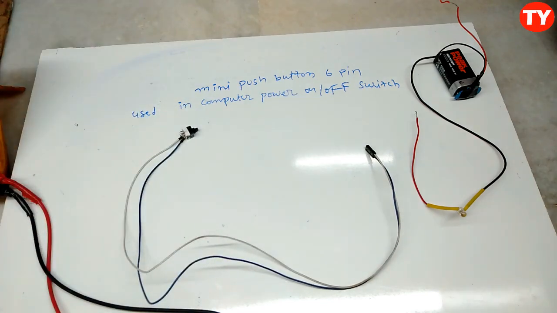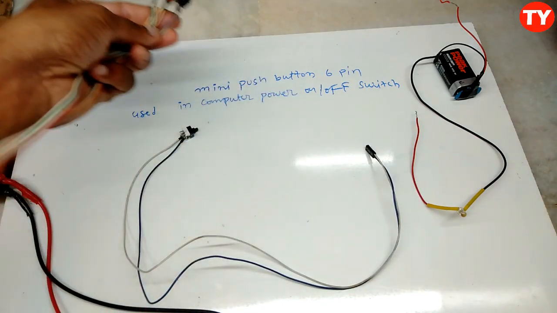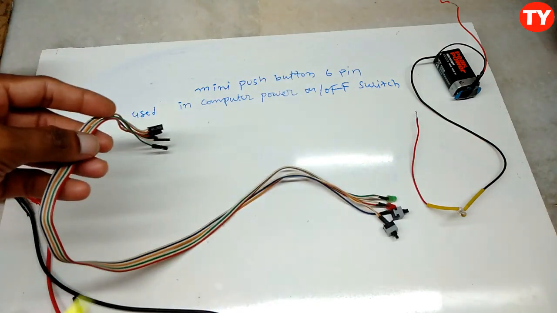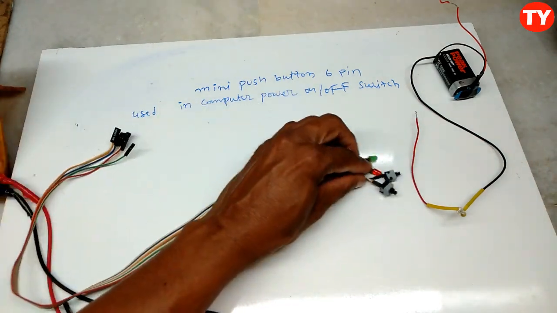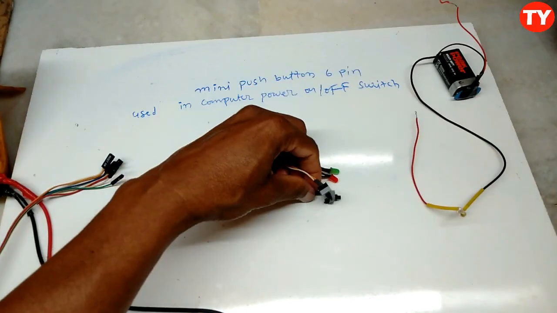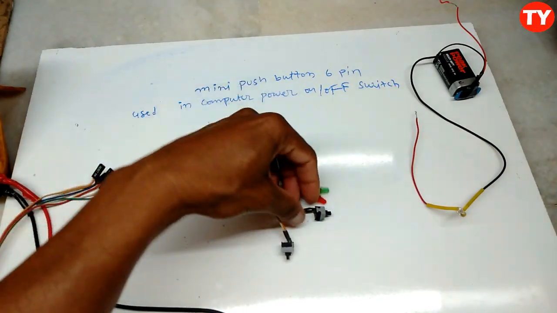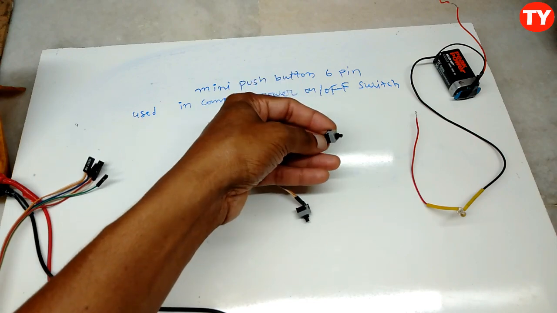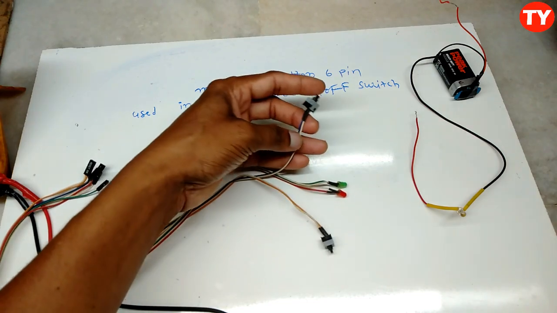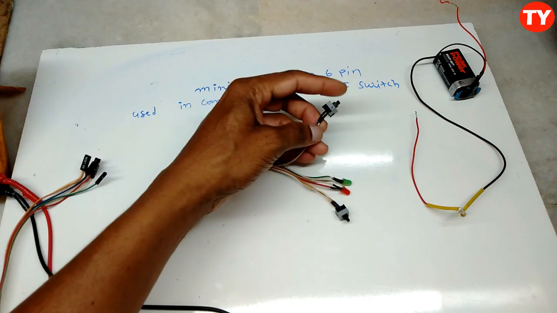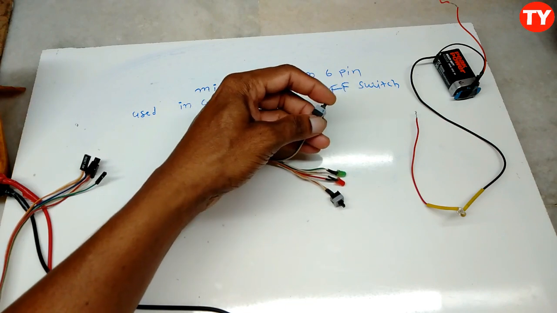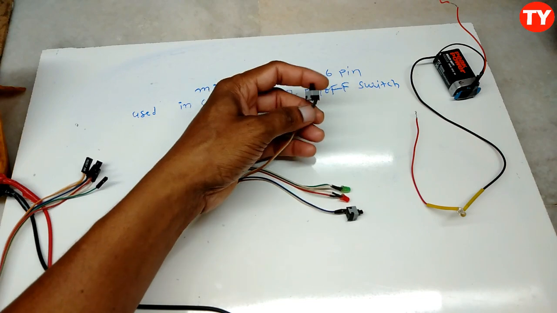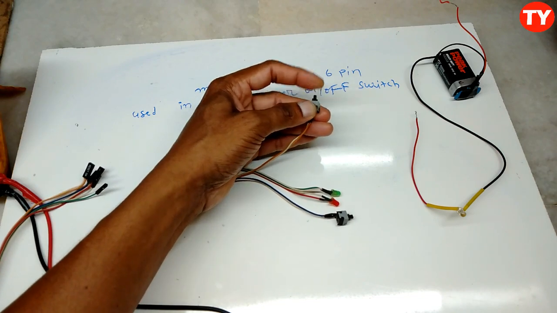Now in this, this one is the power button, this one push button power switch, and this one orange white is the reset button.